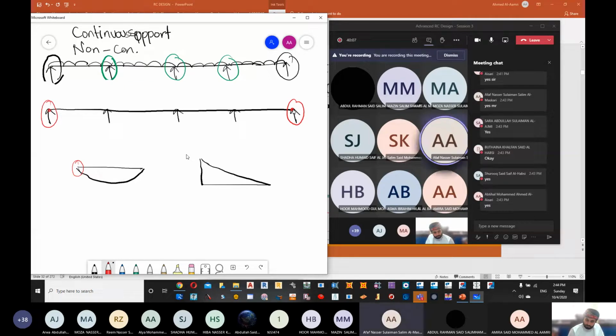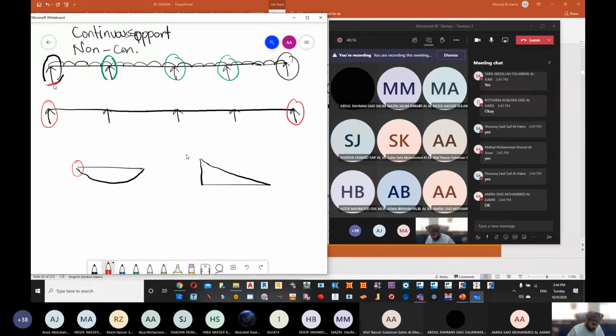Mister, can you repeat this point again, please? Okay. We said that this is a non-continuous support because it's only continuous from one side. A very good example of a non-continuous support is simply supported. When you look at the ends of a simply supported beam, the bending moment is equal to 0.